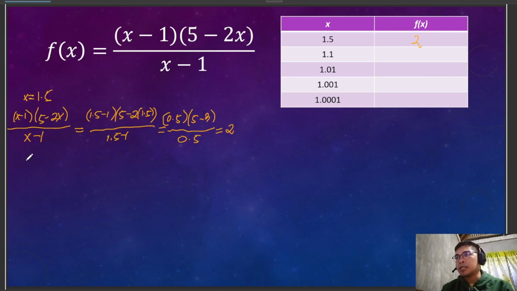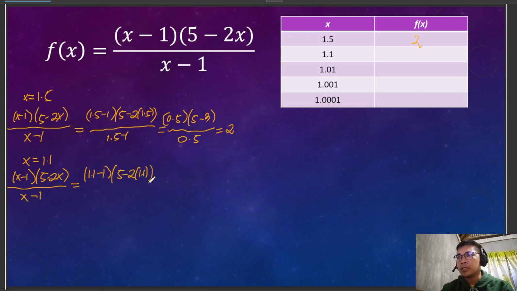Next is x equal to 1.1. So x minus 1 times 5 minus 2x all over x minus 1. We just substitute: 1.1 minus 1 times 5 minus 2 times 1.1 all over 1.1 minus 1. So what is 1.1 minus 1?